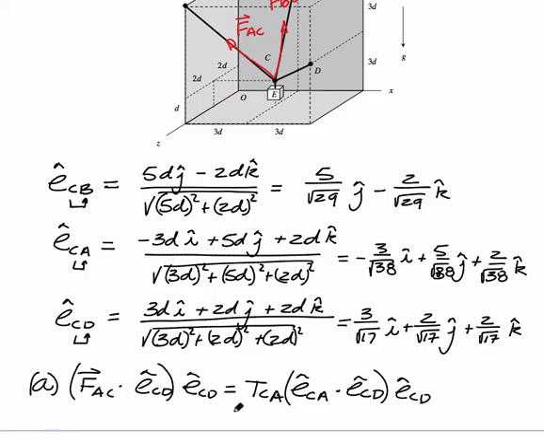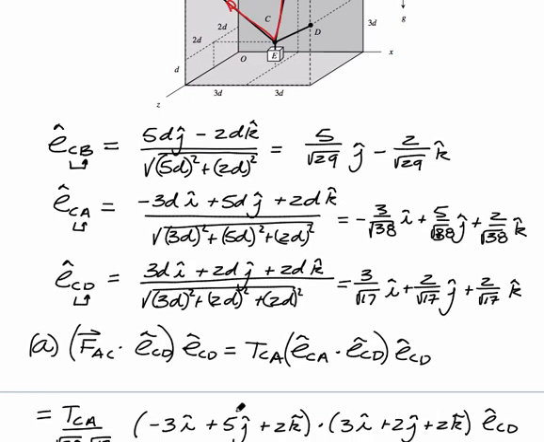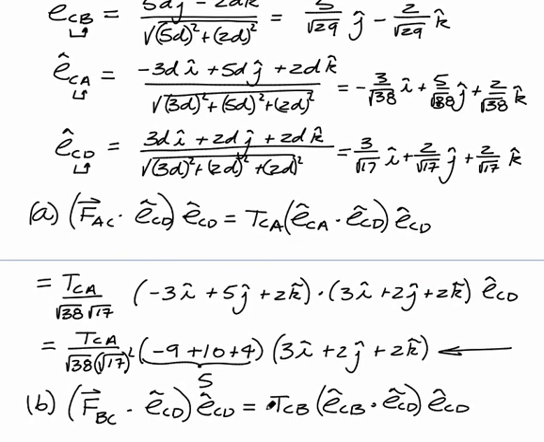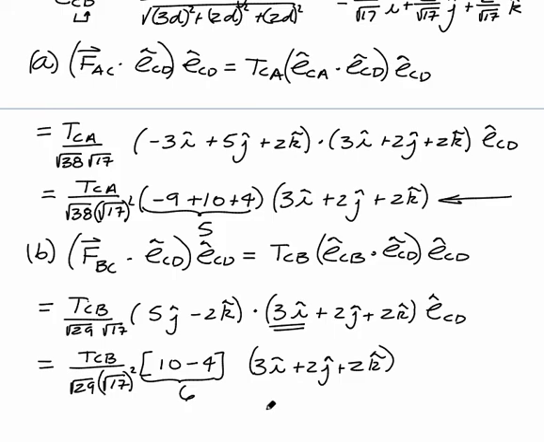Those unit vectors were made by taking the position vectors from those two points, as we usually do, dividing by the magnitude, and that gives us vectors of length 1. The first projection is FAC onto CD. The second projection is FBC onto CD. In each case, the question asks for the vector projection. So in the end, we multiply by the corresponding unit vector to signify the direction in which that projected component will act.